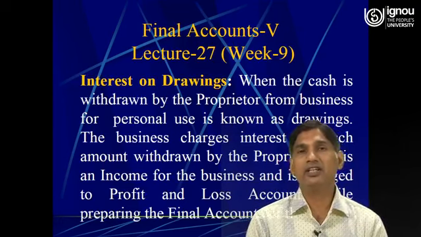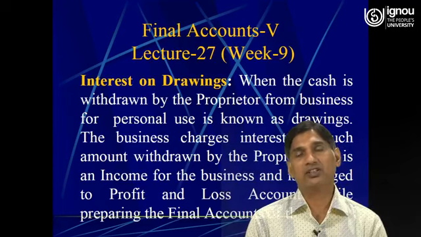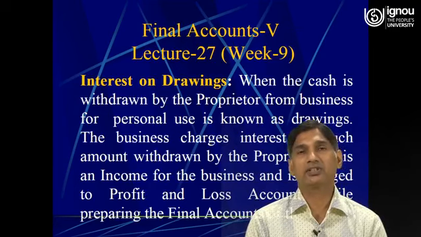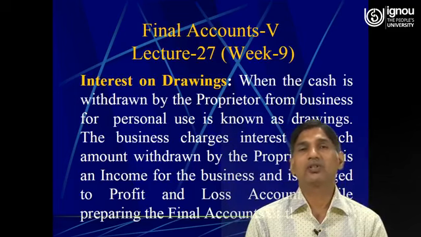In the same way, interest on drawing is an income for the business, because when the proprietor withdraws some amount of goods or cash from the business for his personal use, then the business will charge interest on the drawing. So, this interest on the drawing is an income for the business and is credited to the profit and loss account while preparing the financial statements.